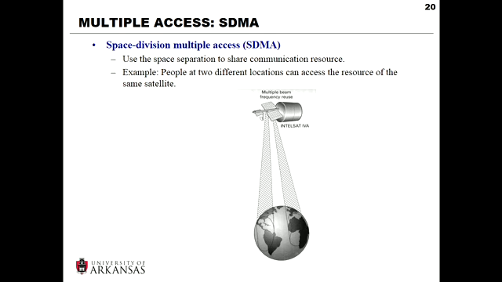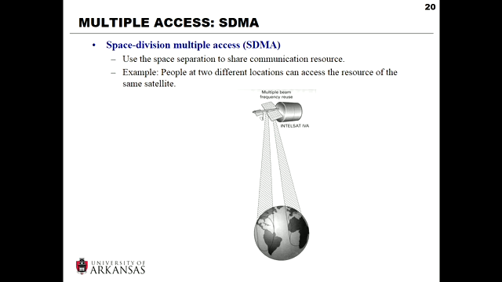And SDMA, space division multiple access, uses space separation to share common communication resources. One example is people at two different locations can access the resource of the same satellite as long as the satellite has two separate beams.